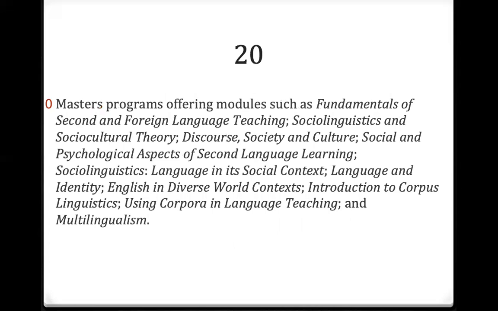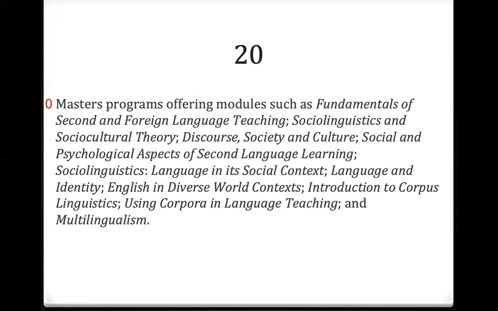So master's programs were offering different subjects, and those subjects were relatable to TESOL. The subjects such as English and foreign language teaching, sociolinguistics, and sociocultural theory. These were the courses being taught under English departments or humanities departments. So, discuss society and culture.